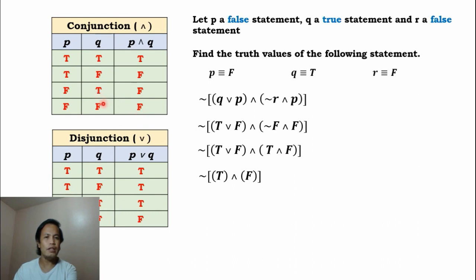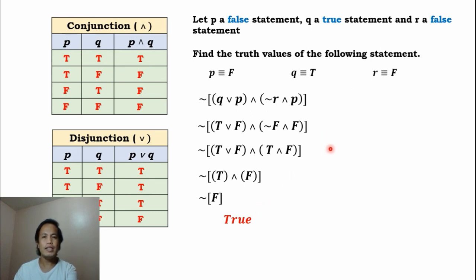This falls under this row. We have true and false, so the whole statement is false. Then we also have true and false, the same. So therefore, this whole statement is false. And of course, the negation of false is true. So therefore, the truth value of this statement is true.